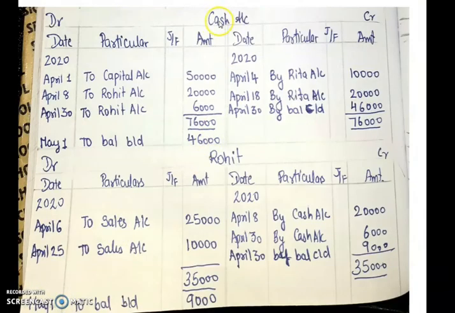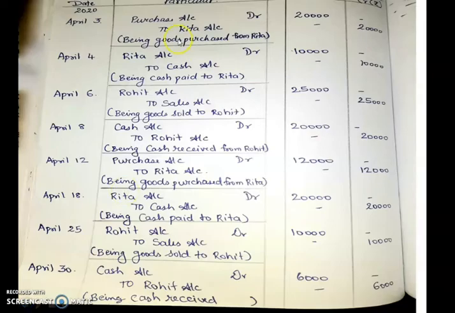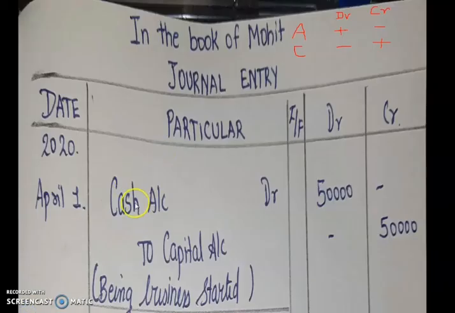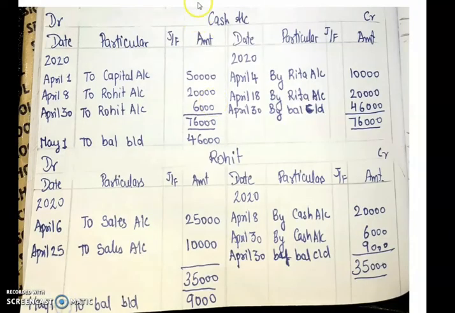Okay, see, cash account, debit side and credit side. So wherever there is cash in the journal entry, see, the first entry is cash account is debited to capital account. So on the cash account debit side, this is the debit side of cash account, to capital account 50,000.